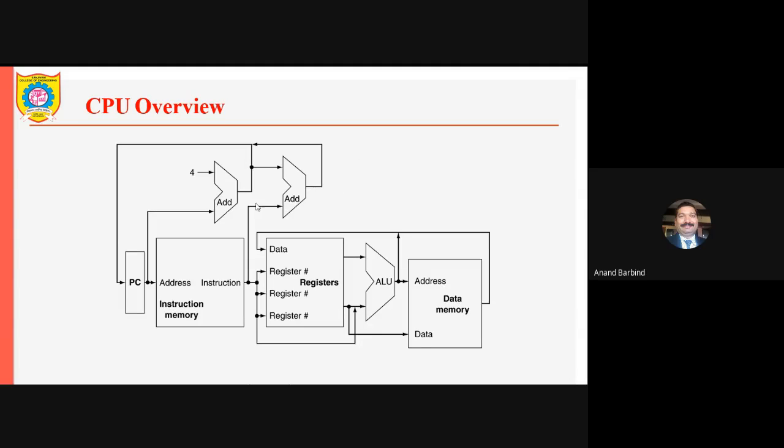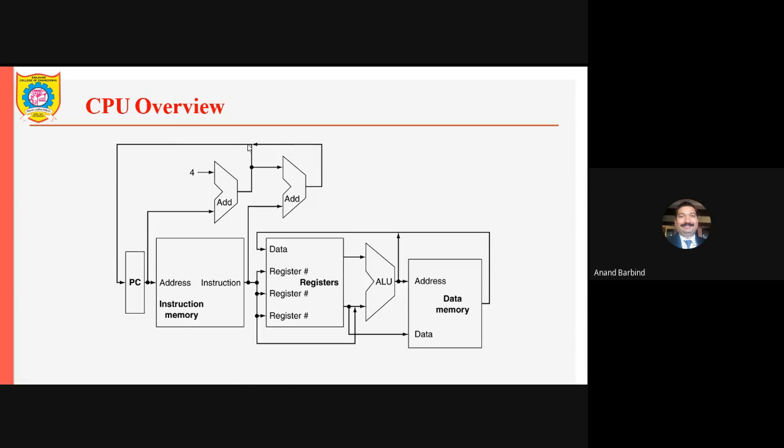For example, this number can be a positive number or a negative number, and that positive or negative number is added to this, and the result of the second adder is stored into the PC.